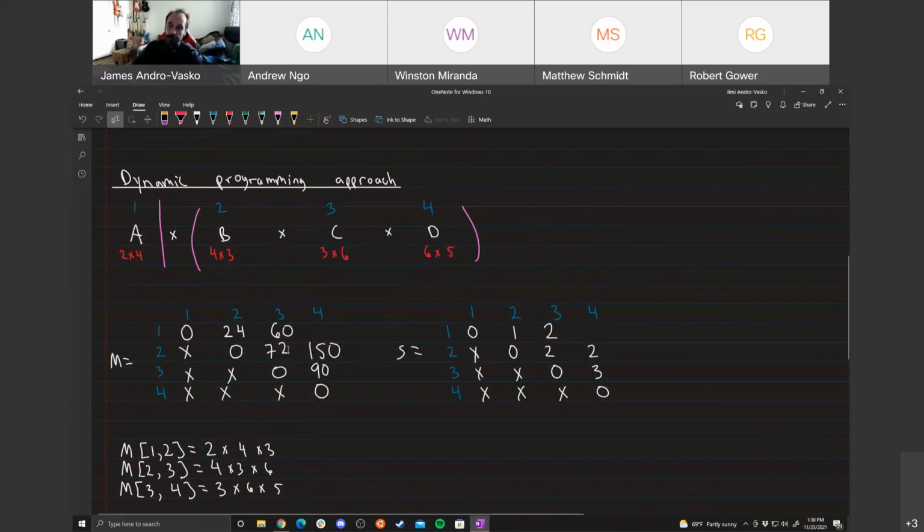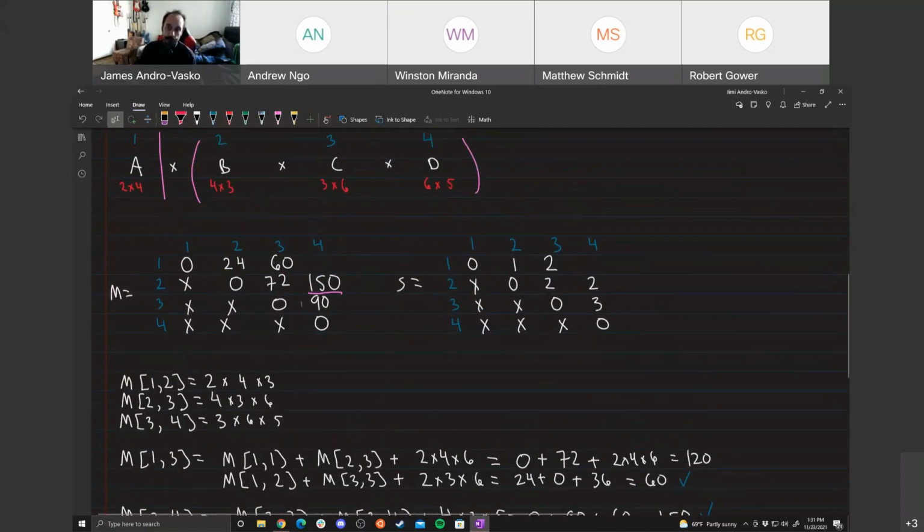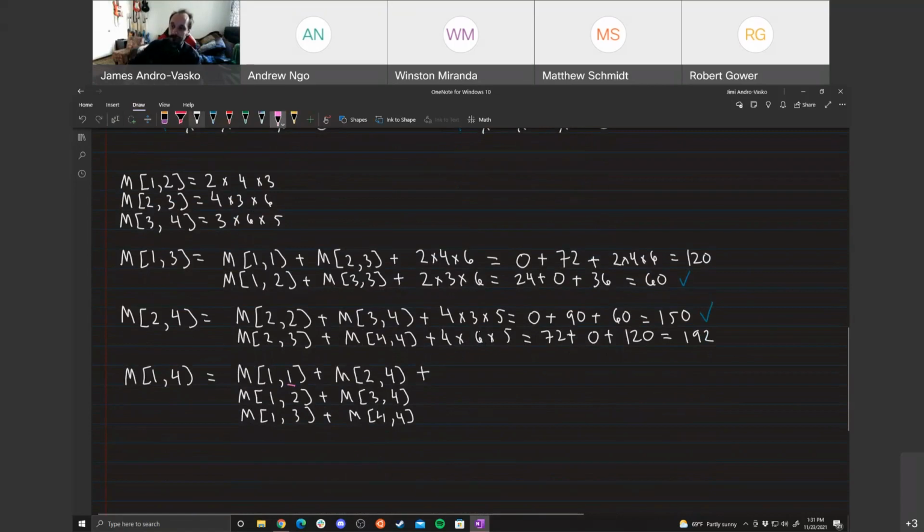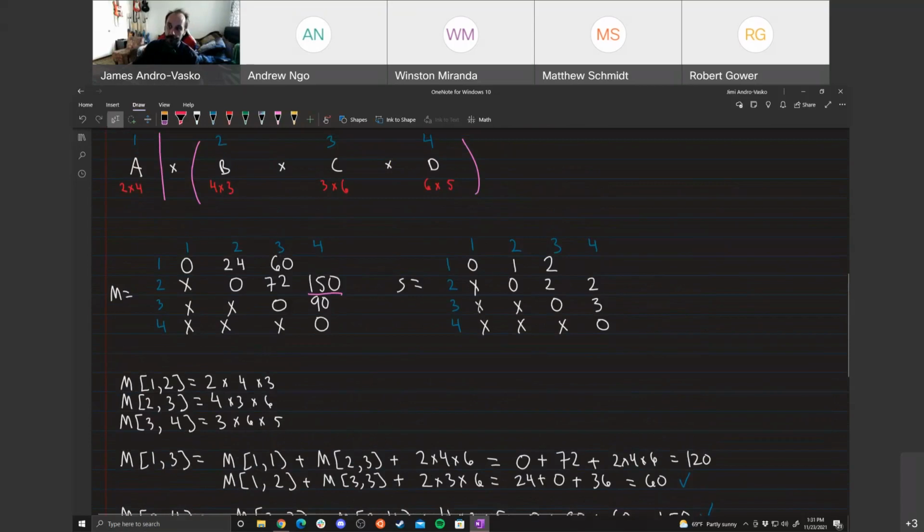We already found the best way to multiply matrices 2, 3, and 4, or B, C, and D. It's actually 150. We don't have to recompute that. We stored it in this M matrix right here. So M11 is going to be 0. M24 is going to be 150, sorry.